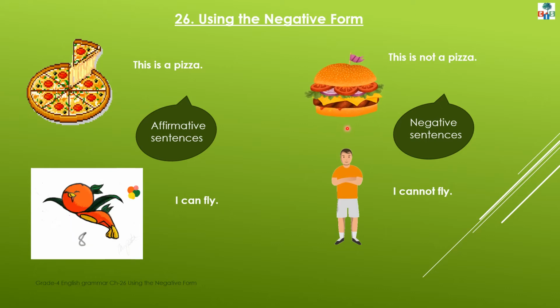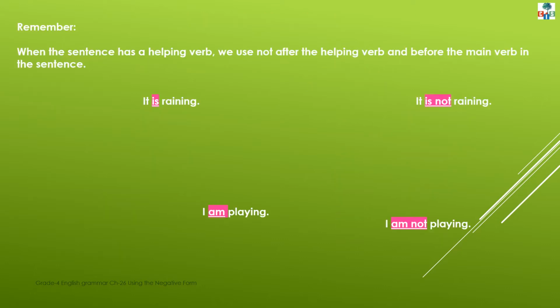Now, let's see a few rules for how to change affirmative sentences into negative sentences. Remember this thing, children: when the sentence has a helping verb, we have learned about helping verbs earlier. What are helping verbs?